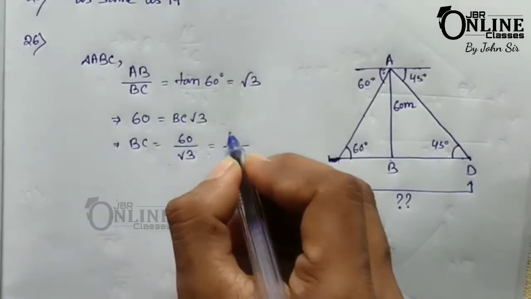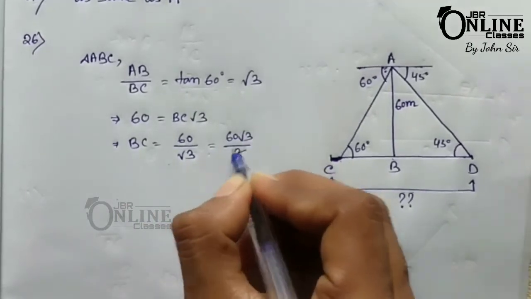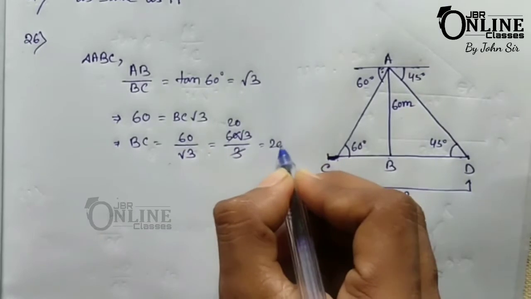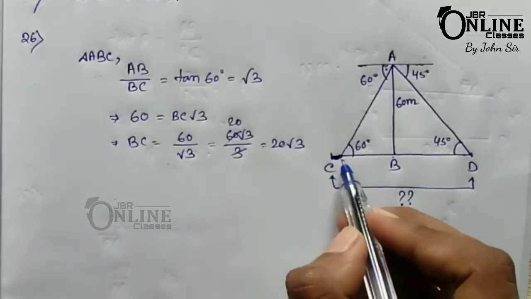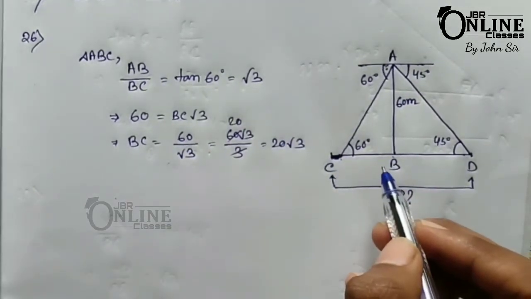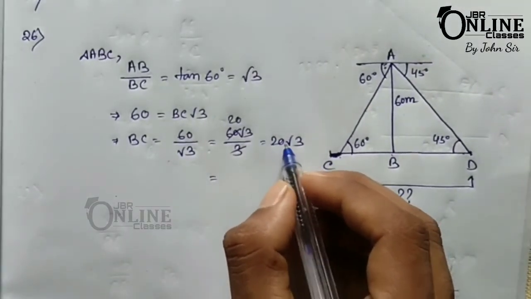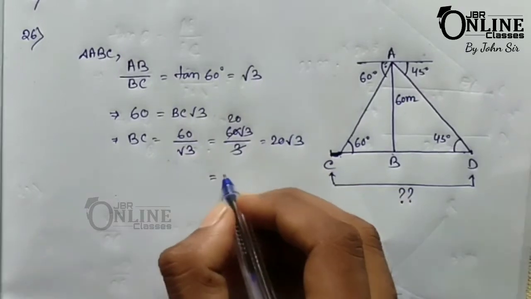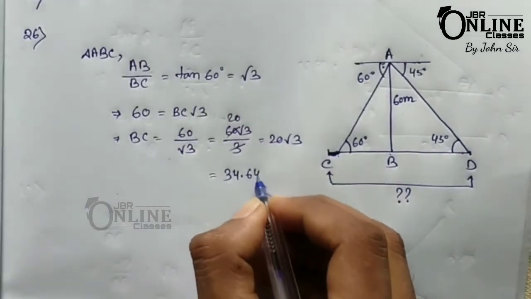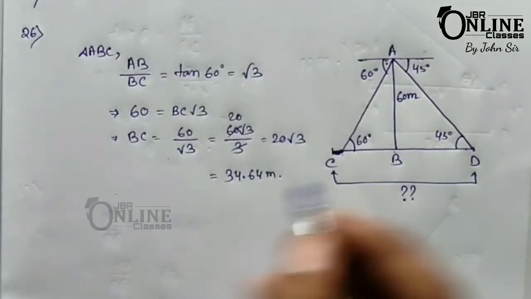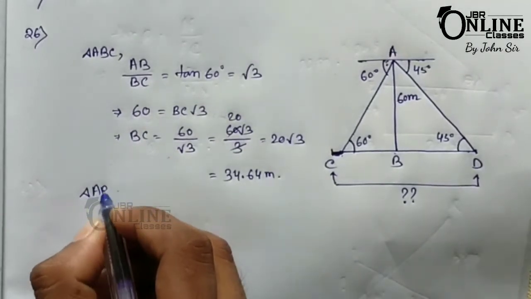Now by rationalizing you will get 60 root 3 by 3, that equals 20 root 3. So the value of BC equals 20 root 3. Now root 3 means 1.732, so 20 into 1.732 and you will get 34.64 meter.